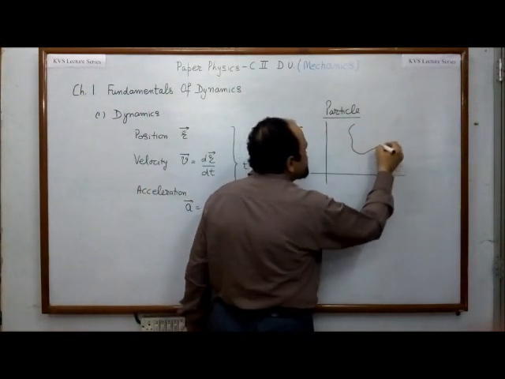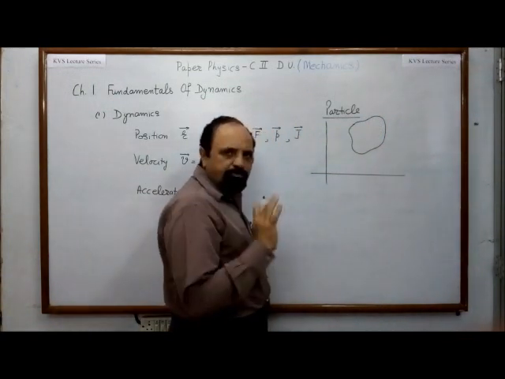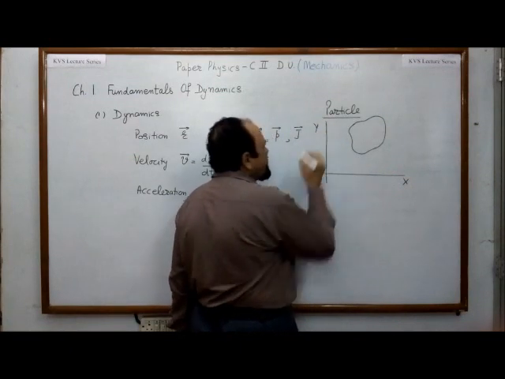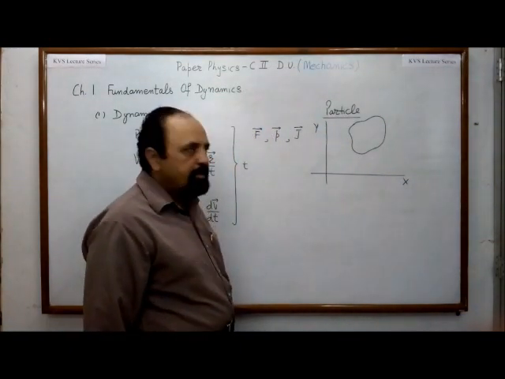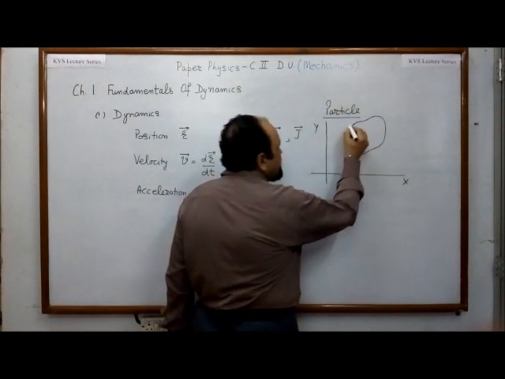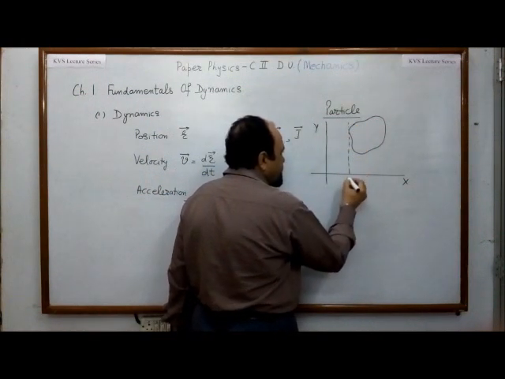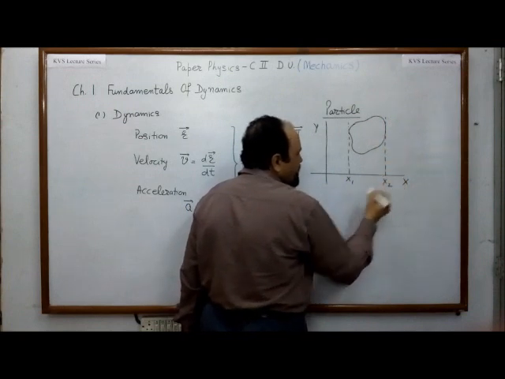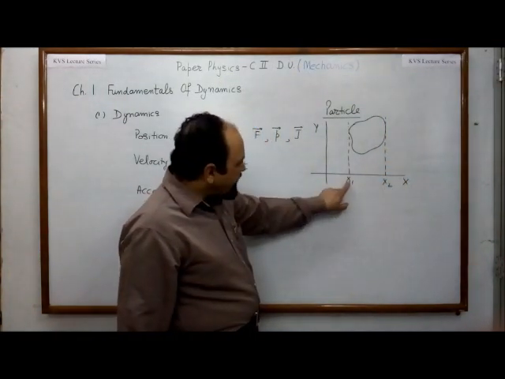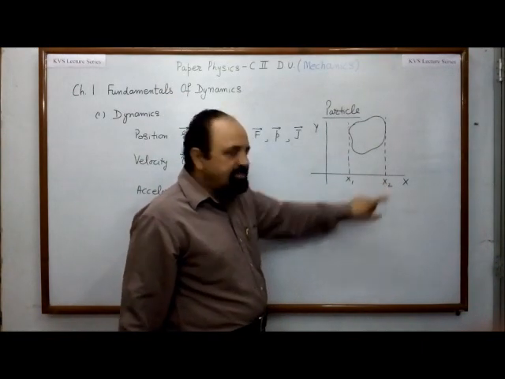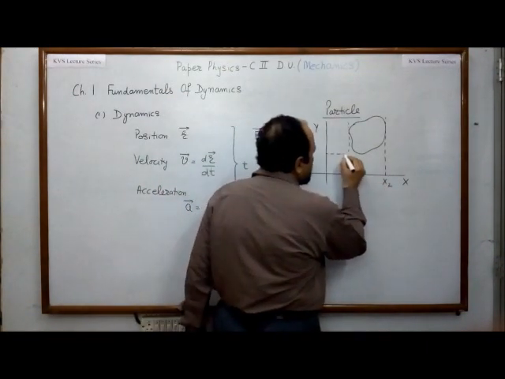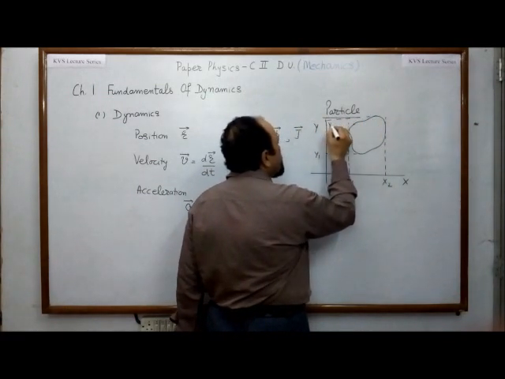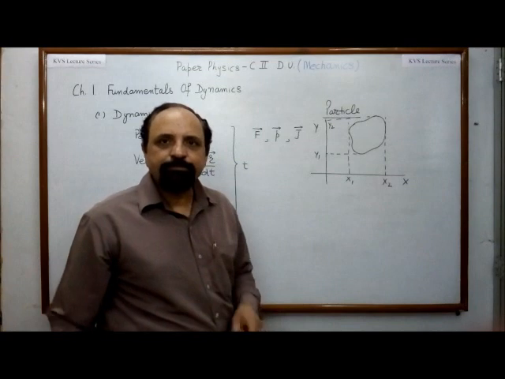For example, I have a real object. Say this is my x-axis, this is y-axis. I can say my body extends from value x1 to x2 along x-axis, and from y1 to y2 along y-axis.